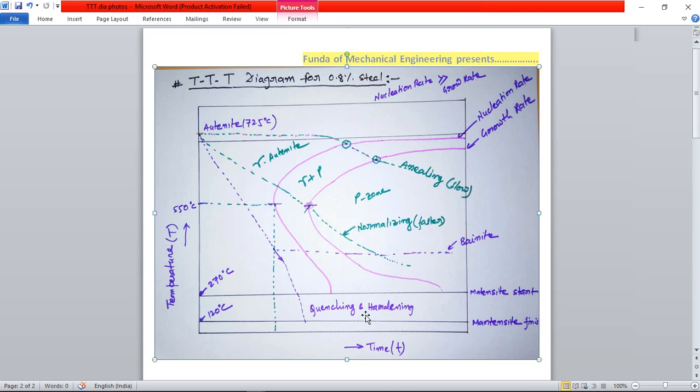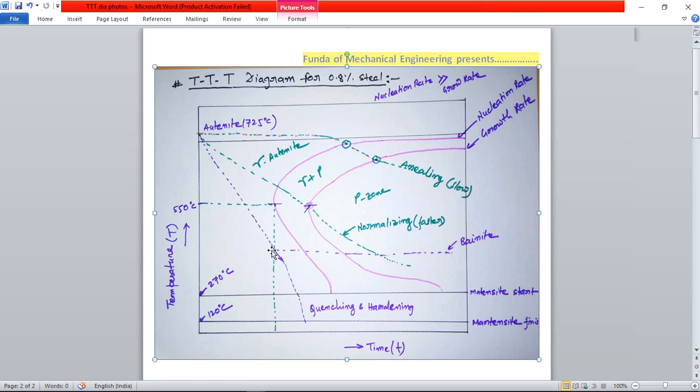Normalizing and annealing are over, and there is bainite. If we do the cooling suddenly and the process occurs through this path, then this process is known as austempering, and the result produced is bainite.